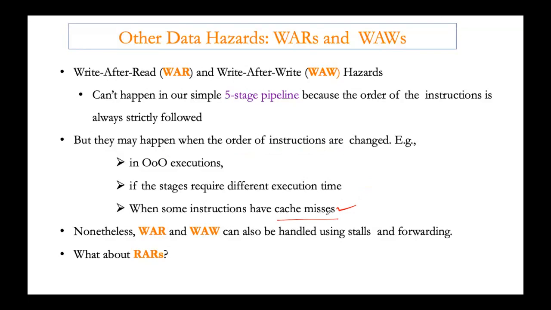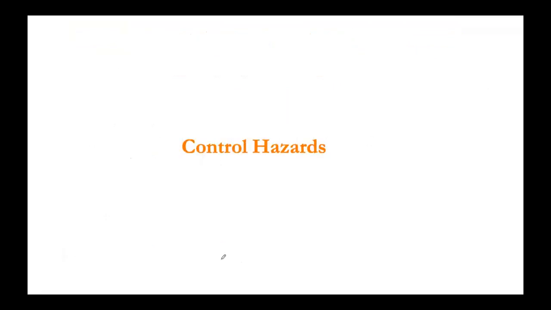When we talk about cache design, we will talk about these cache misses. Nonetheless, write after read and write after write can also be handled using stalls and forwarding. So what about read after read? That will also happen like write after write.